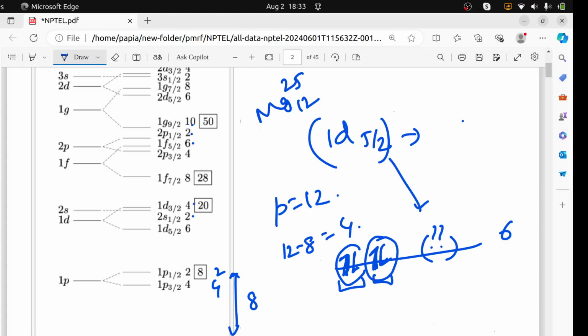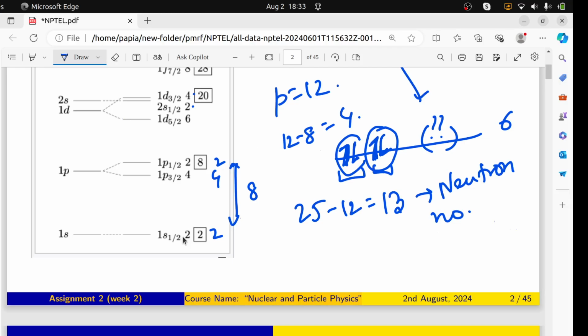The only one which will contribute is 13, that means the neutron number. The neutron number is 13, so that will give us a contribution for the spin parity. Why? Because as I have already written, up to 12 it will be purely full, but the 13th will be here only, and only one nucleon will come.